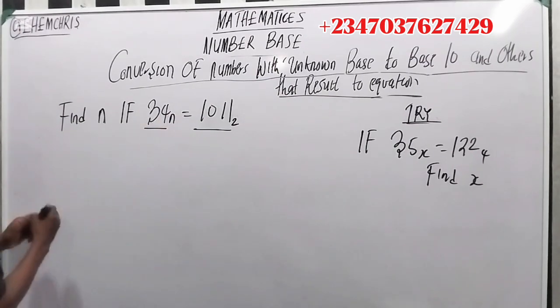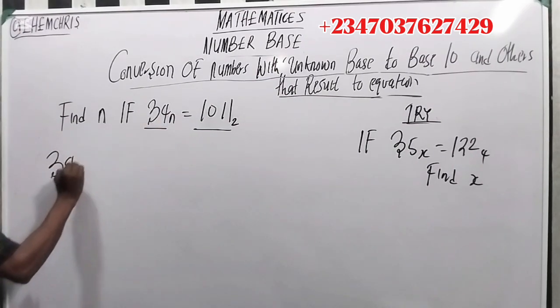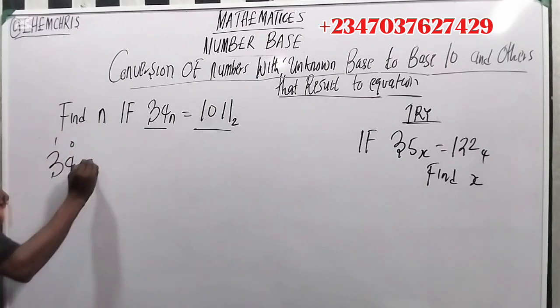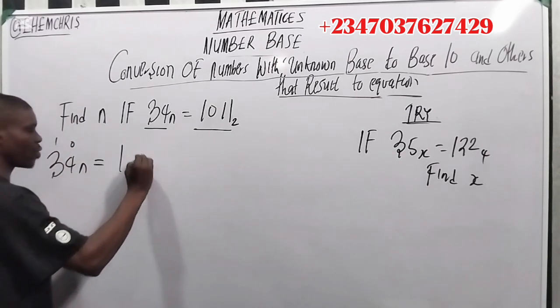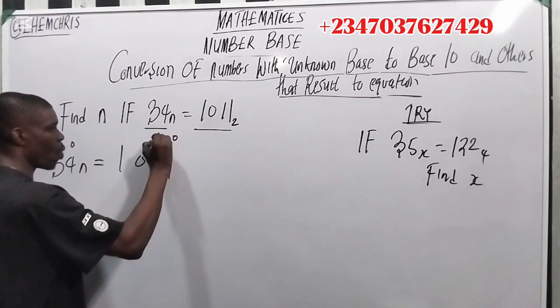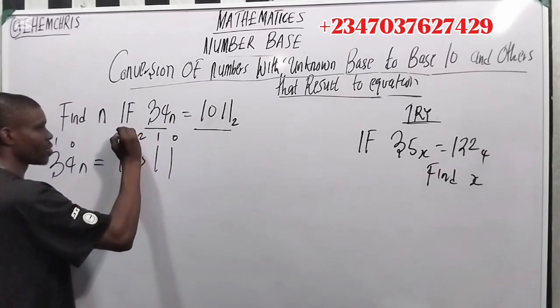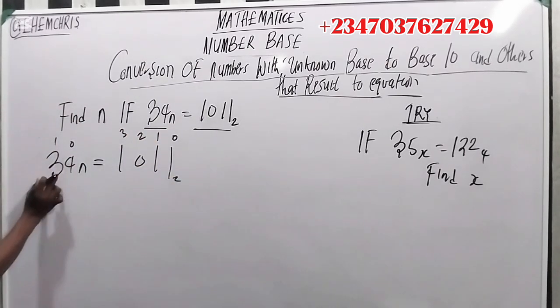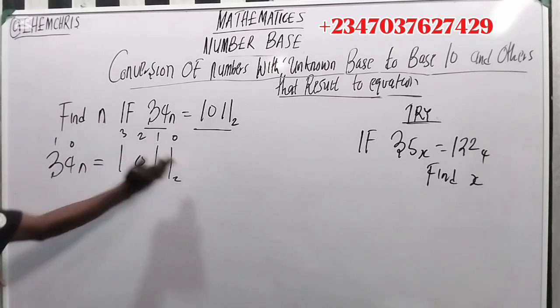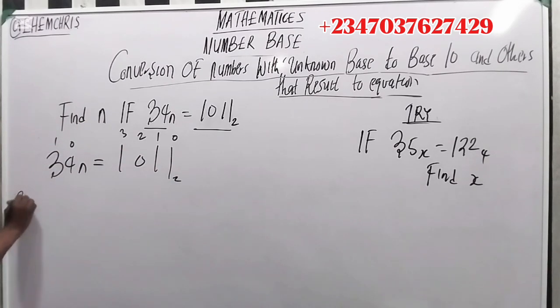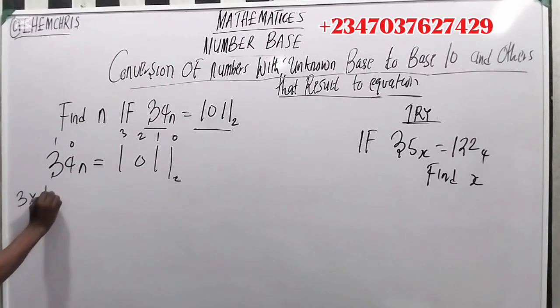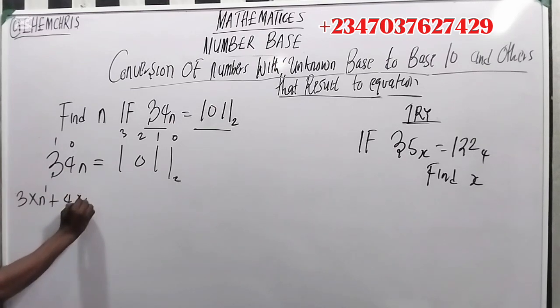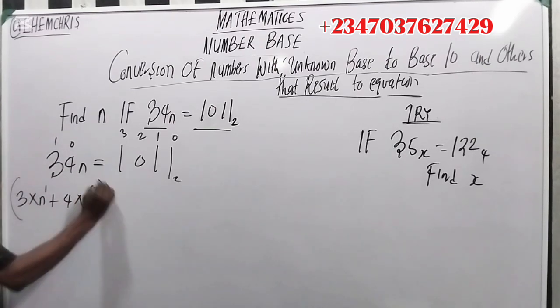Remember, this will have its own positions 0, 1 and so on. If you have 1, 0, 1, 1, you have positions 0, 1, 2, and 3, right? Here we have these 2. So you have to try this one and this one too. So it will be 3 times n to the power 1 plus 4 times n to the power 0, right?